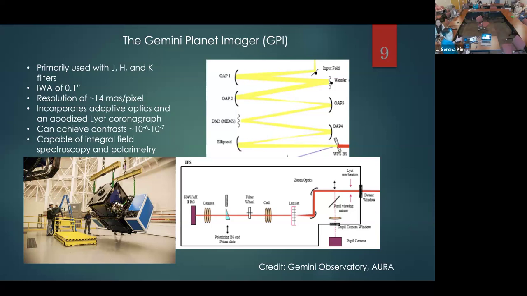It uses one of these coronagraphs, like I mentioned, and peak contrast can reach down to about 1,000,000 times fainter than the target star that we're looking at. And it's also capable of doing integral field spectroscopy and polarimetry. So that means that you can get spatially resolved spectra and spatially resolved polarimetric images from whatever systems you might be looking at.